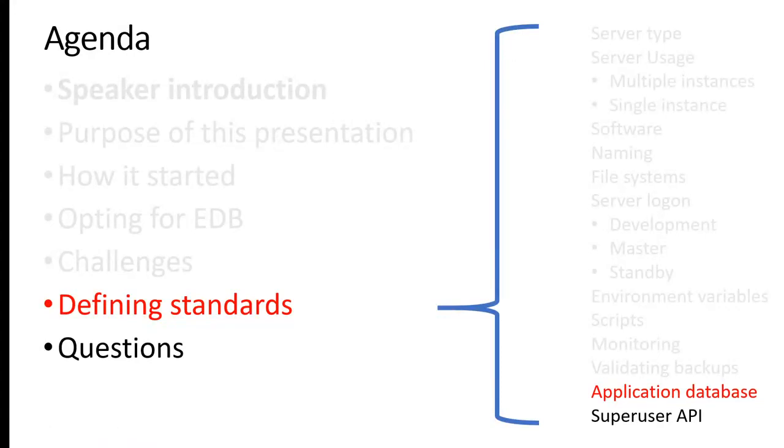Then we have some other standard which we defined. Every application needs an application database. Now we decided to make every application use not only a dedicated application database, but within that application database, an application schema that is owned by an application owner and can be used by an application user.